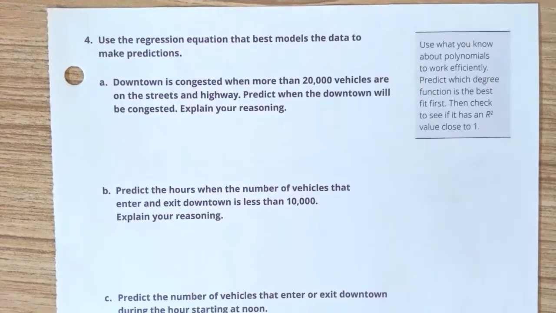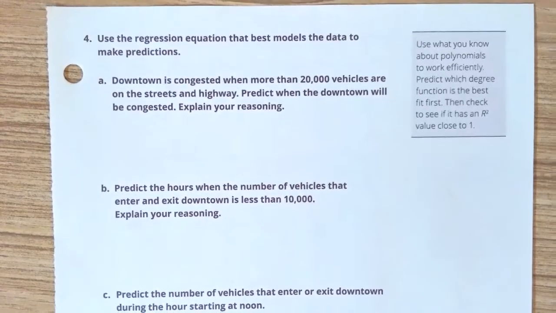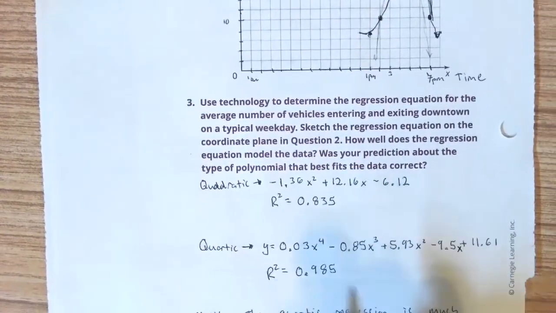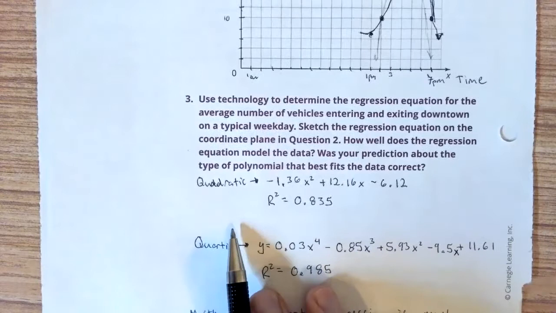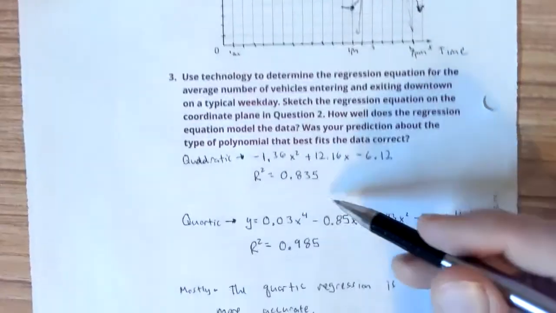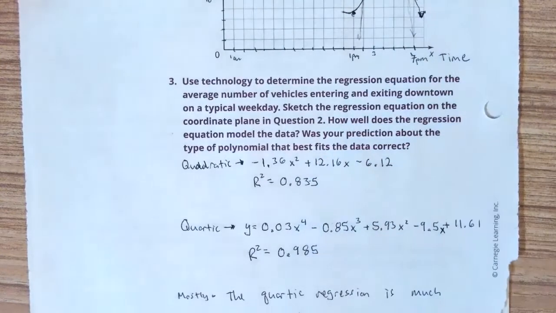Maybe I'll make one more point. To really pick which type of function is best, calculate the regression equation and compare the r-squared values.